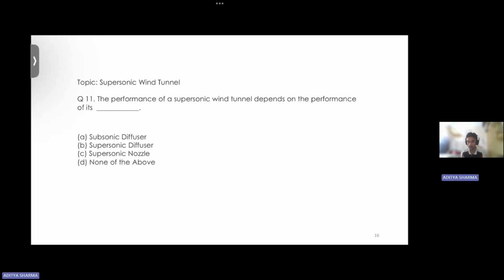That saving is done with the help of a supersonic diffuser. So B is the correct option to this question, right?